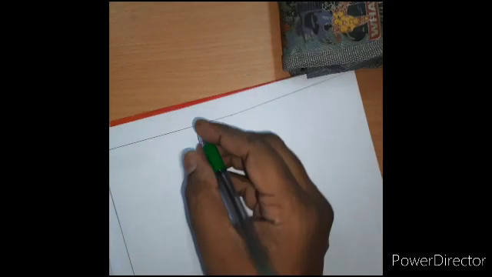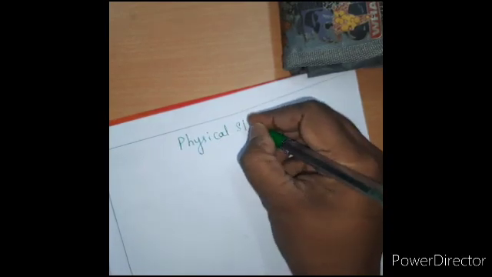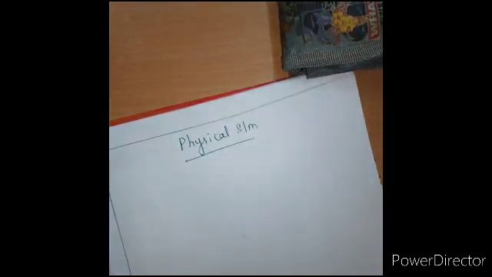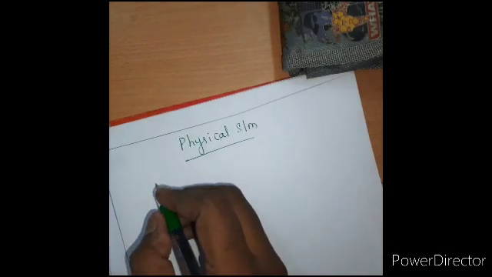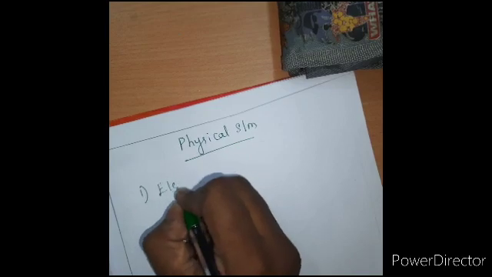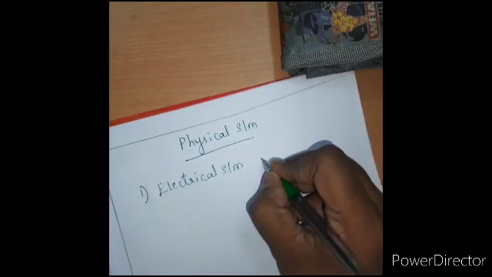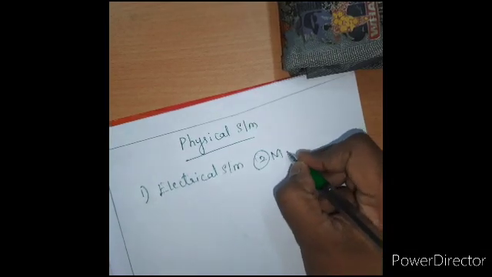Okay, students. Now let's see about the physical system. You know different types of physical systems are there. First one, electrical system. Second one, mechanical system.